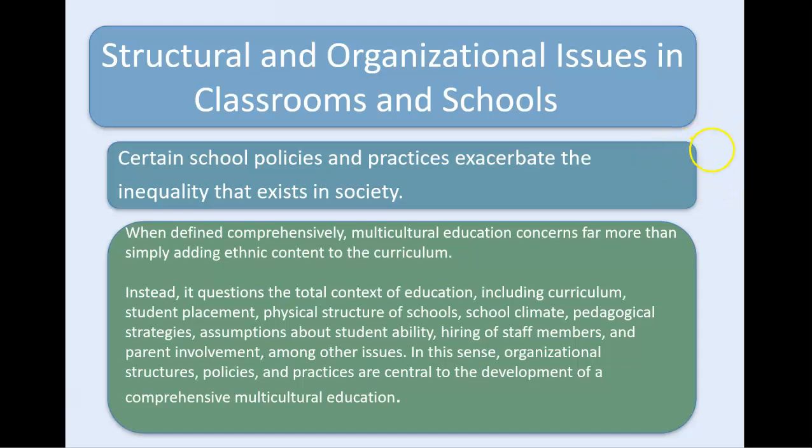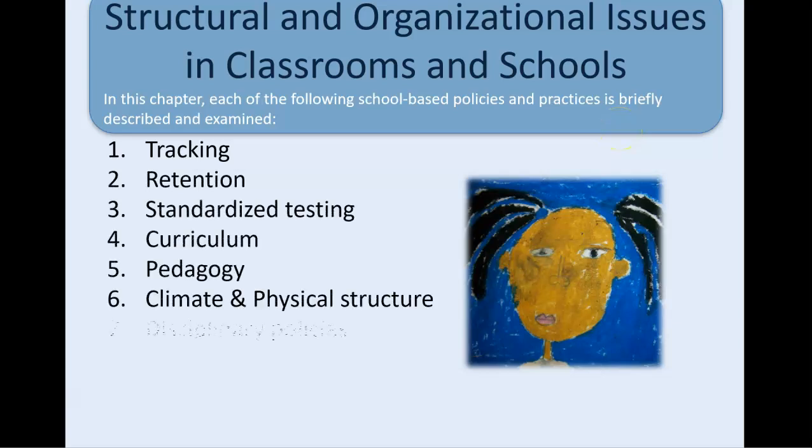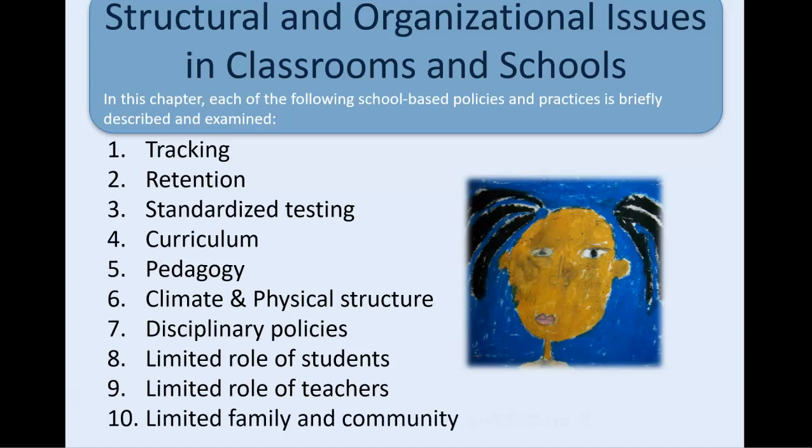So, if we think about policies within schools that exacerbate inequality, things like looking at suspension and expulsion rates, who gets suspended and expelled, what does that system look like within schools, within classrooms? And also thinking about all of these different things that create differences, create inequity within schooling.